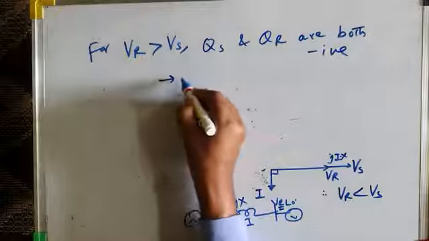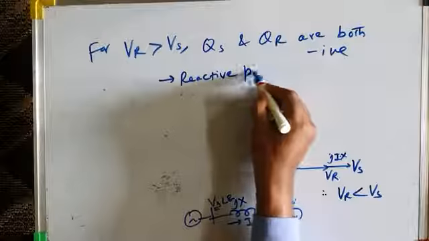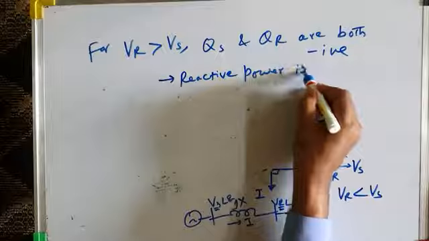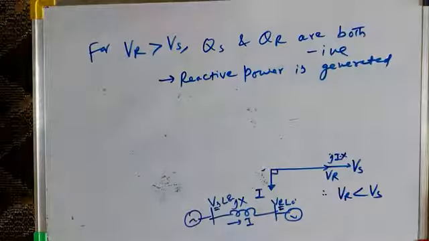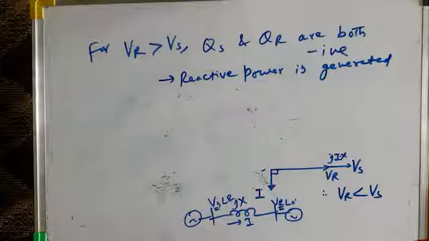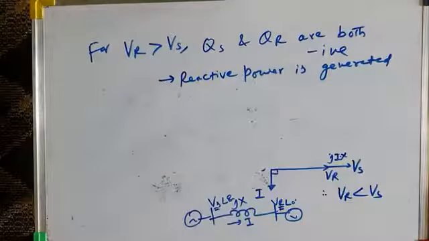This means reactive power is generated. Reactive power is not absorbed. Reactive power is generated and it is injected into the transmission line. So therefore load is not absorbing the reactive power, but there are certain components which are generating the reactive power. That's why the reactive power is negative.